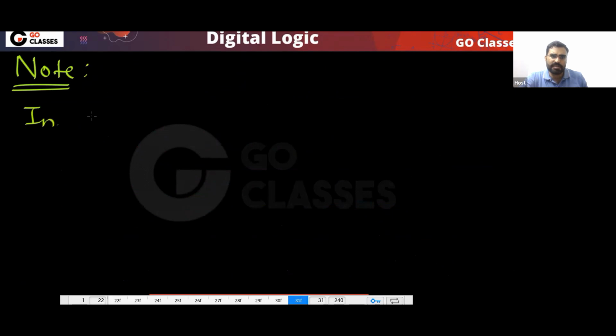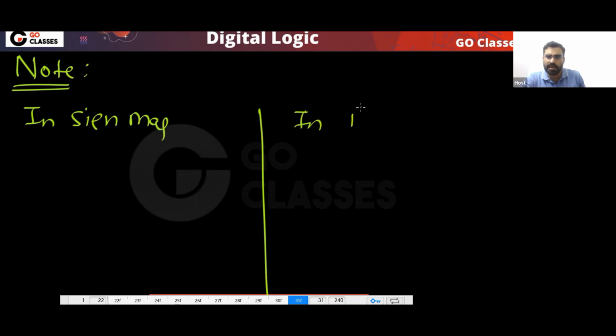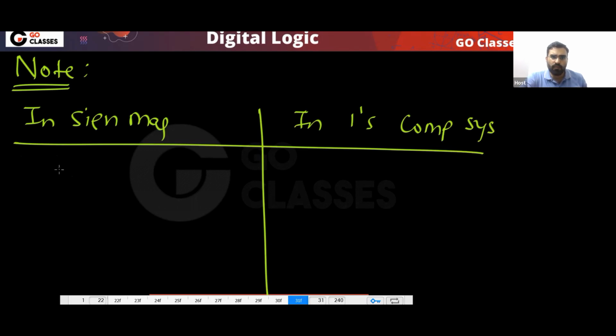Let's see in sign magnitude what is happening, and in 1's complement what is happening. So tell me here, what are the representations of 0? This is also 0. This is also 0. There are 2 representations of 0 in sign magnitude. Let's assume you have 4 bits.